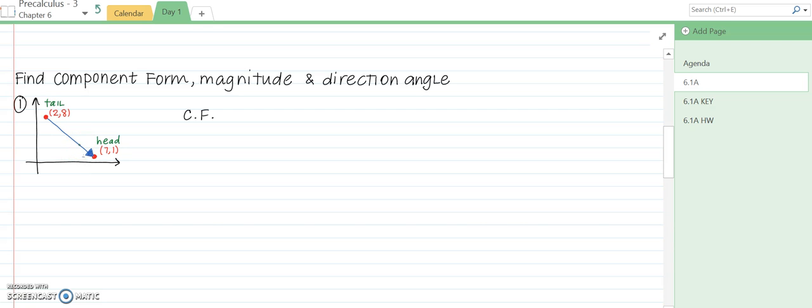To figure it out, we can use what we call the head minus tail rule, and it's pretty intuitive. You can even do it in your head.